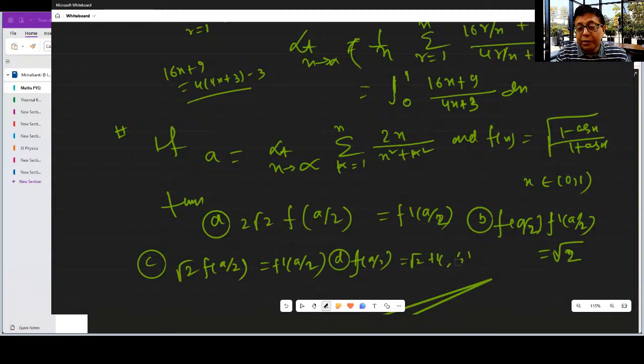This is a by 2. Huh? Root 2 f dash a by 2. Yes. Which one correct? A very simple problem, I think.